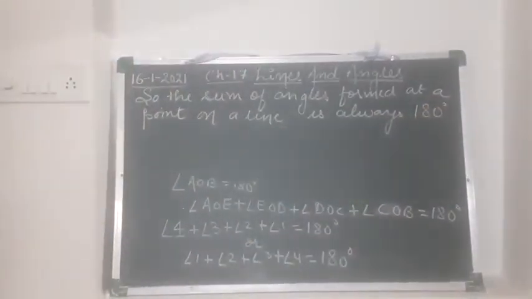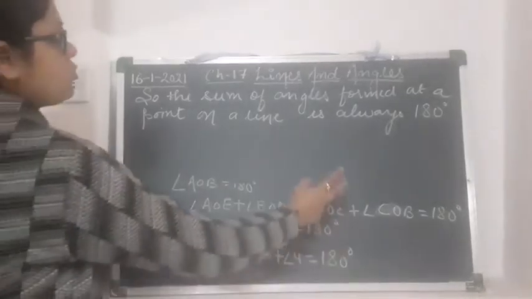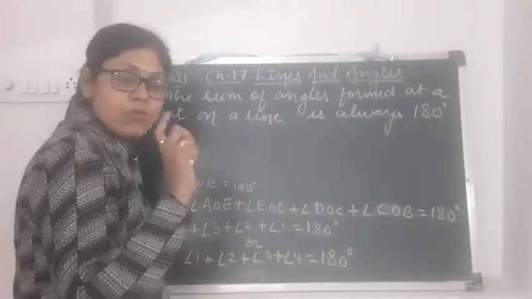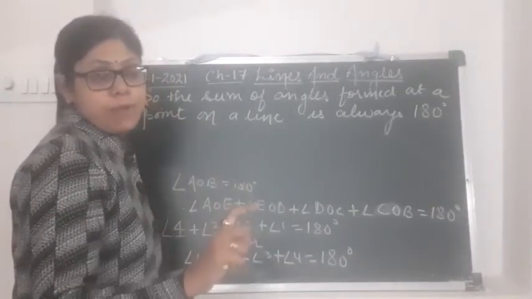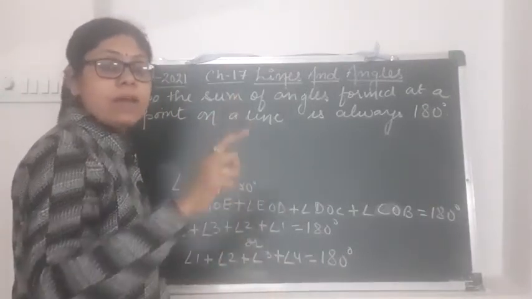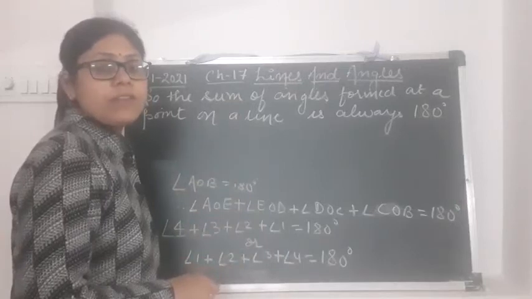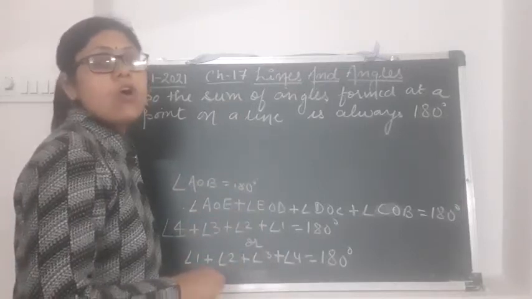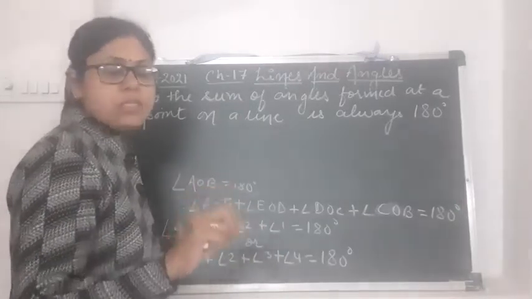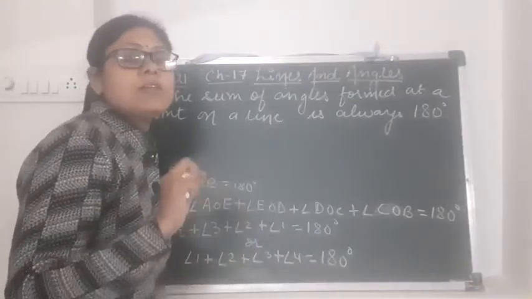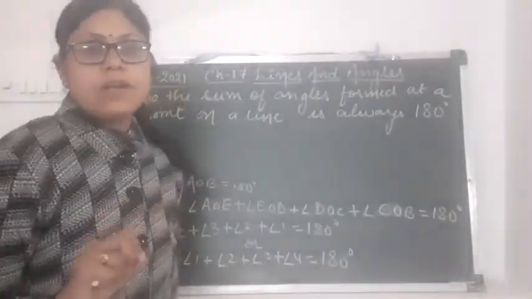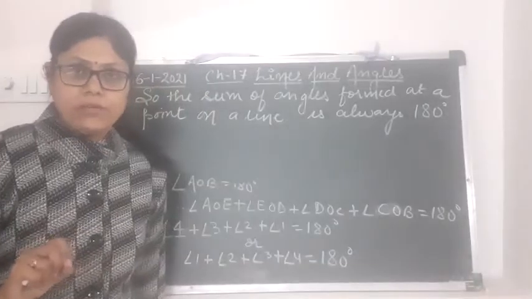Okay, so this much we have to know, that if two angles are given and the two rays are opposite, at that time you will always write a linear pair. But if so many angles are there and you have to write the sum of the angles on a particular line at a point, then it will always be: the sum of the angles on a straight line is always equal to 180 degrees. Clear?